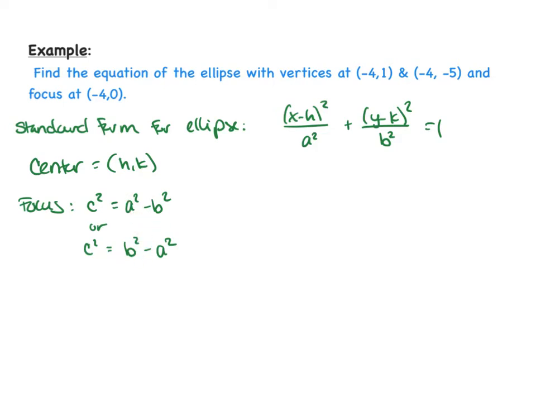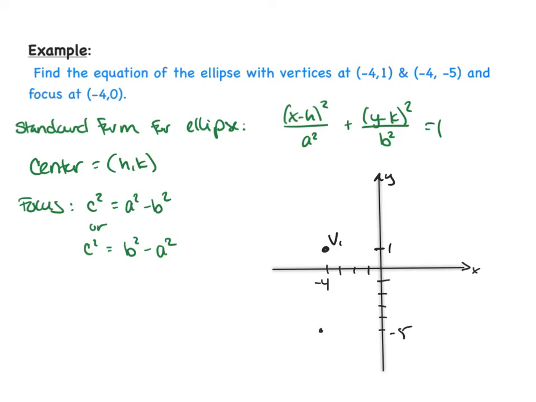So I think the first thing that I would like to do is draw a picture of what's going on. Okay, so we have vertices at x equals -4, and y equals 1. There's another vertex at x equals -4 and y equals -5.